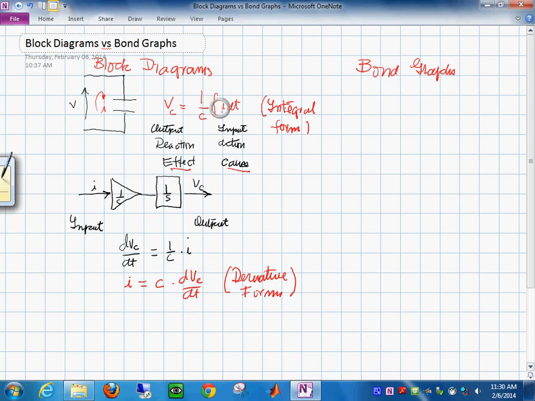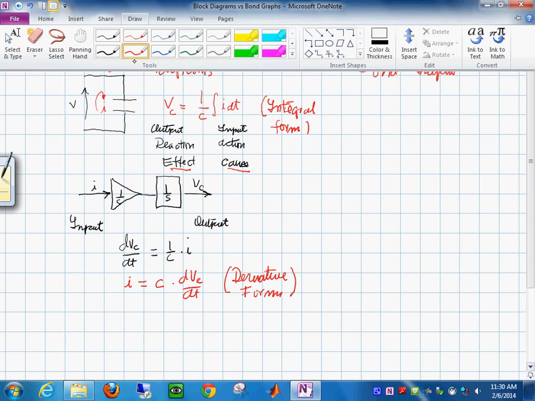If the cause is this current, it has this integral form. If the cause is this voltage, you have this derivative form. So, we have a representation in block diagram form of this integral form. Let's examine the representation of this so-called derivative form.